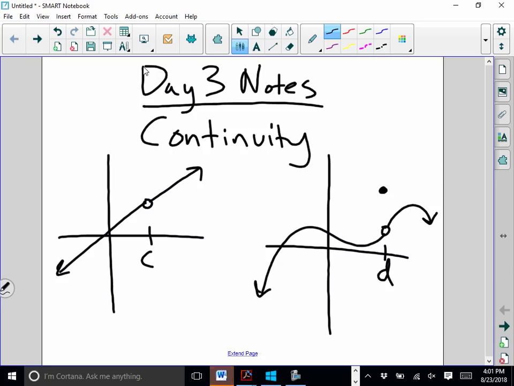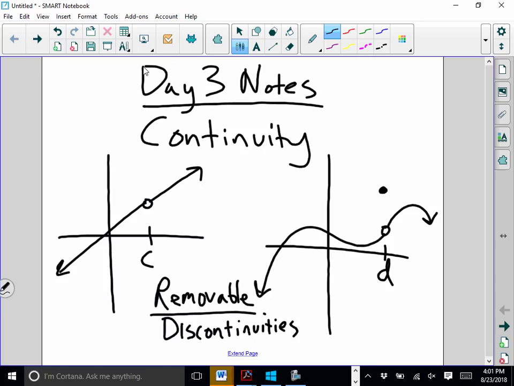But they are definitely discontinuities. They are parts of the line where our function here is broken, right? These are called removable discontinuities. Removable discontinuities, what's unique about them is the limit exists.